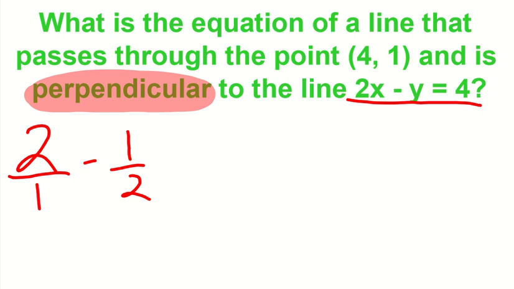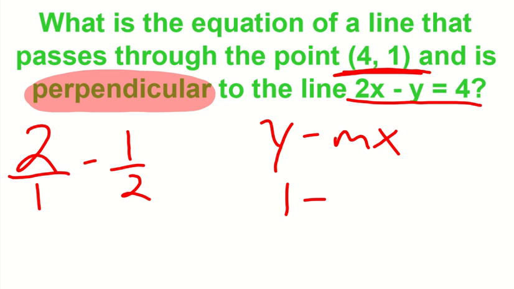If it's not, just like before, we take our ordered pair, we do y minus mx. So y value is 1 minus a -1/2 times 4. What's half of 4? 2. So we got 1 minus, that makes -2.